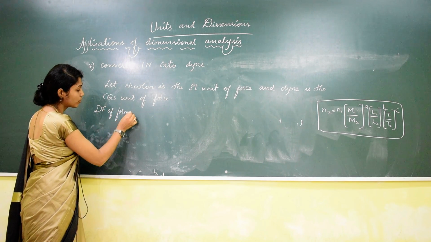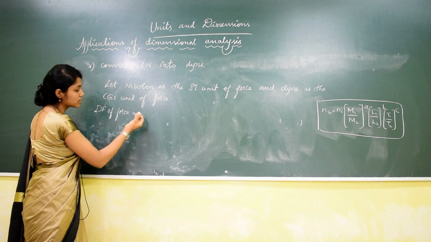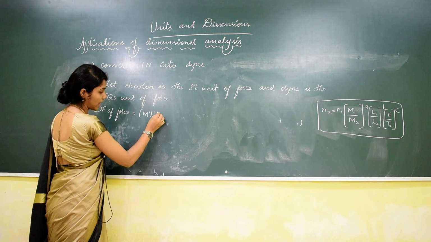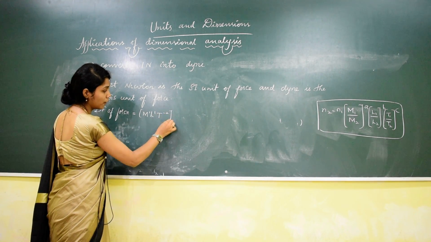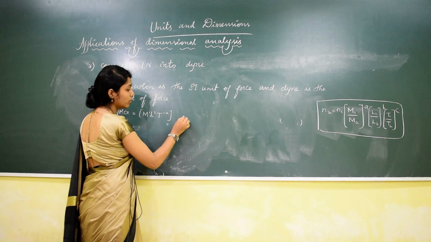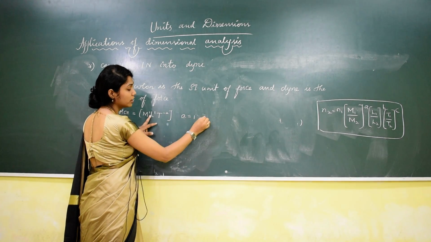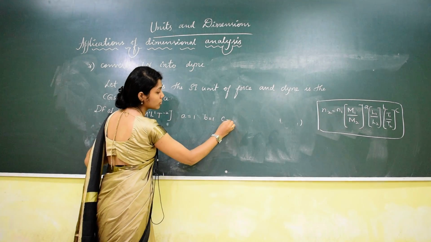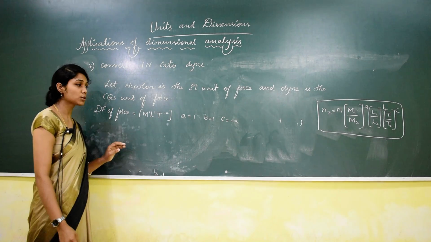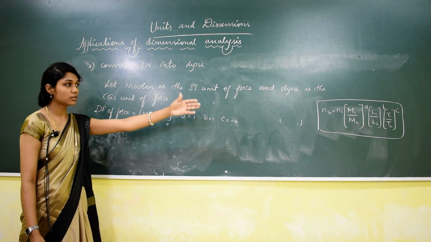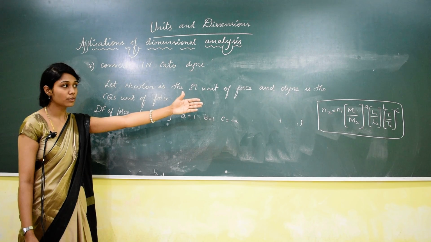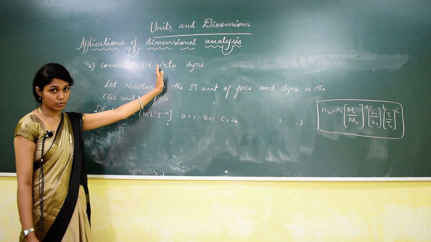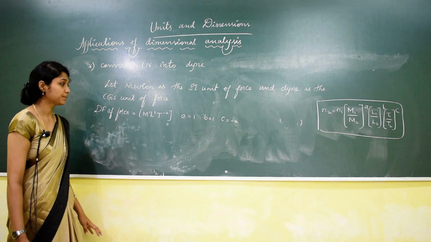It is given by M raised to 1, L raised to 1 and T raised to minus 2 here. So therefore A is equal to 1, B is equal to 1 and C is equal to minus 2. Why am I writing this here? Because I have to put the values of A, B, C in that formula to convert 1 Newton to dyne.